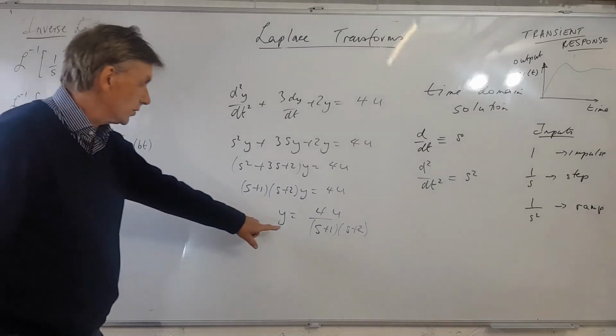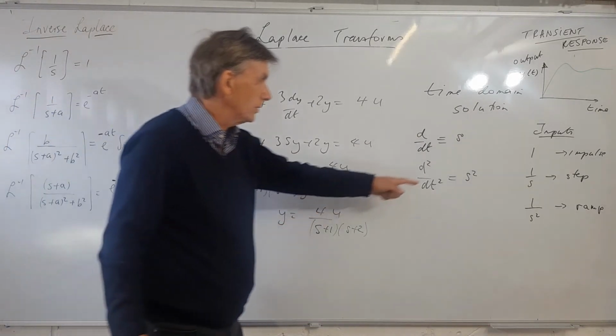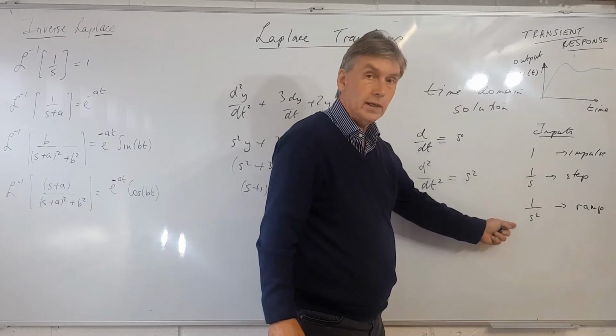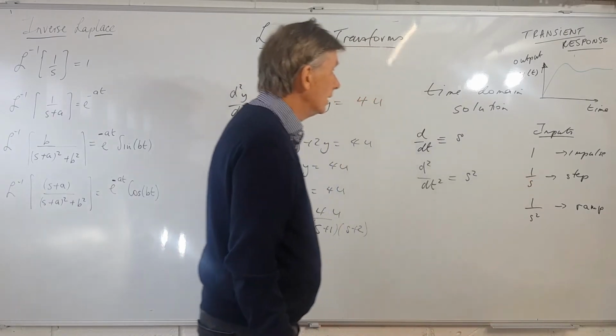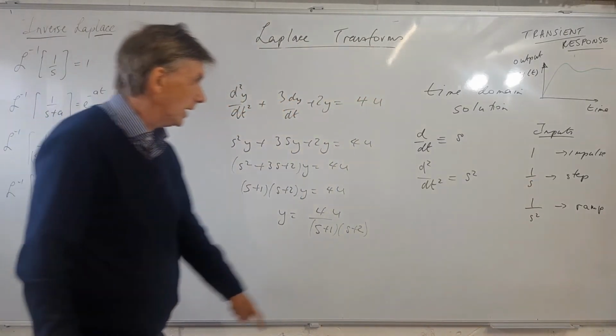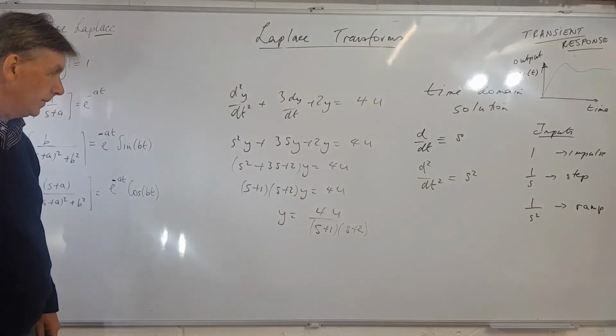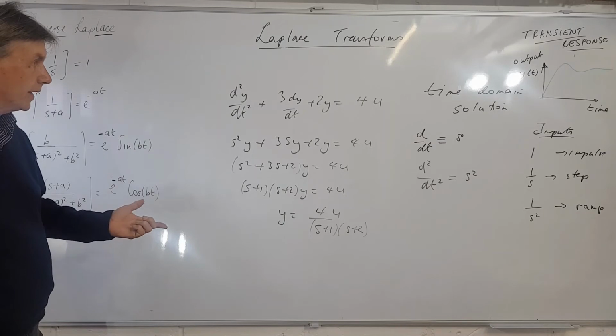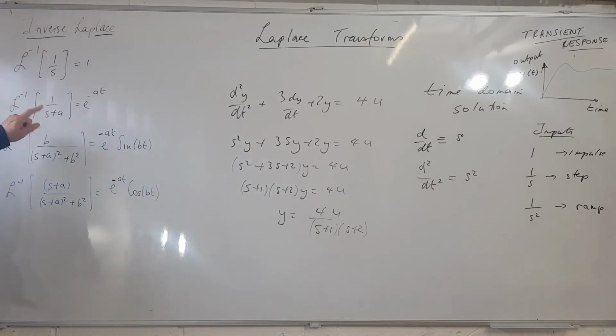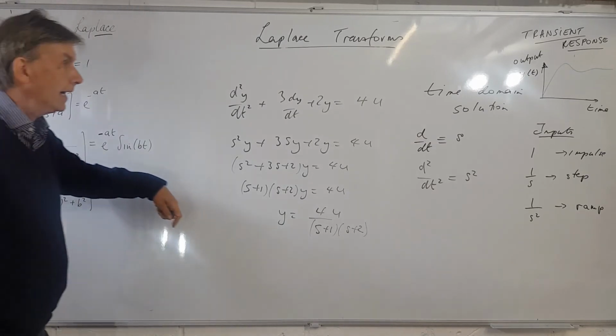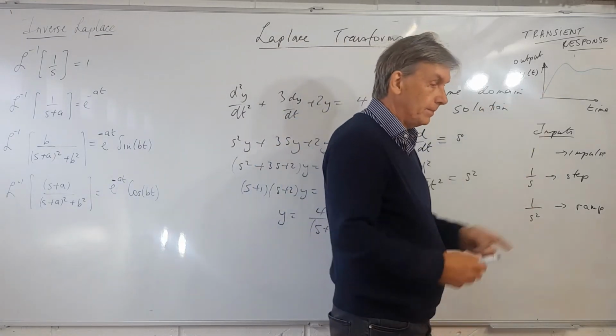Having got to our transfer function now, we can choose the type of response we want here. So we're going to go for a step response again. And we're going to multiply the step response by the transfer function, split into partial fractions, take the inverse Laplace transforms, and get the time domain solution.